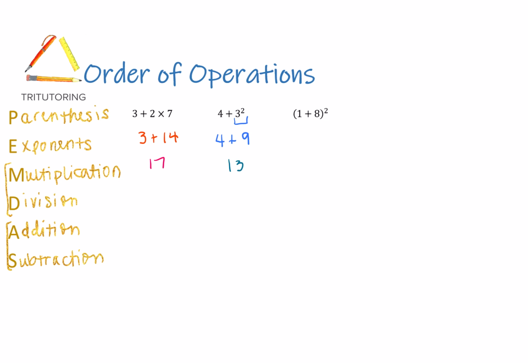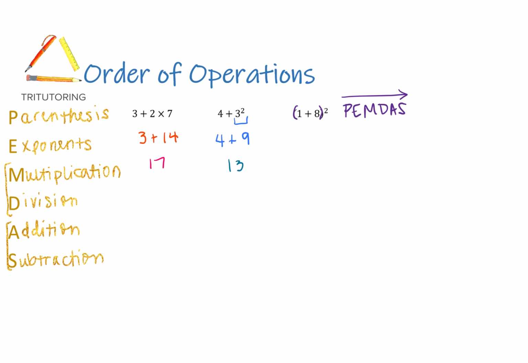On the next, I have 1 plus 8 squared, all in parentheses. So let's write PEMDAS. And as I go in order and I start with the parentheses, I see here I do have parentheses. I have that grouping term on the outside of this. So I want to start by looking inside. And actually, as we look inside the parentheses, we even go in order with the order of operations for the inside terms.